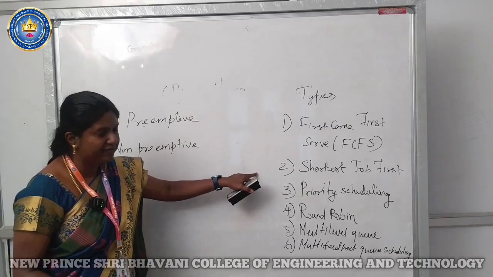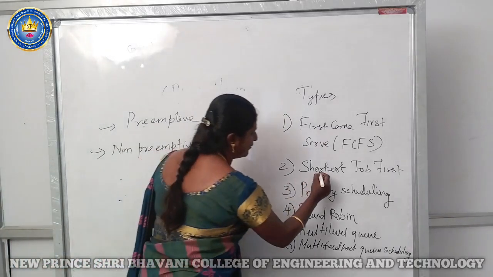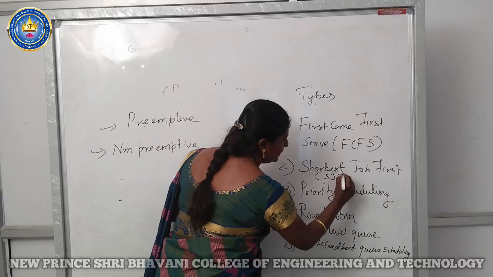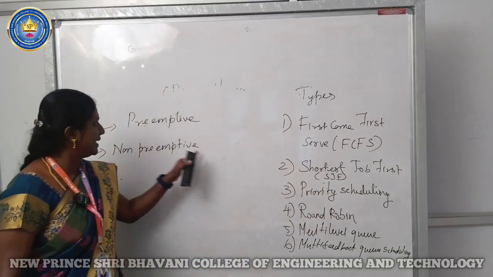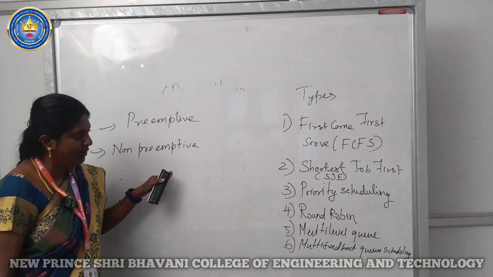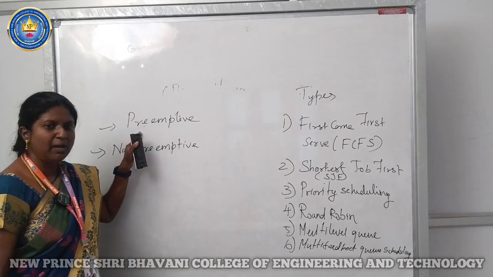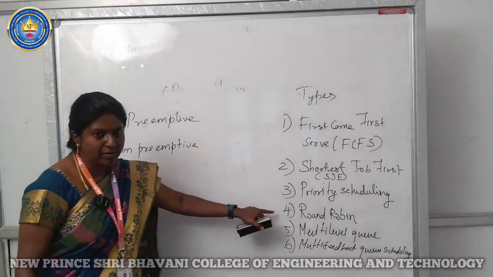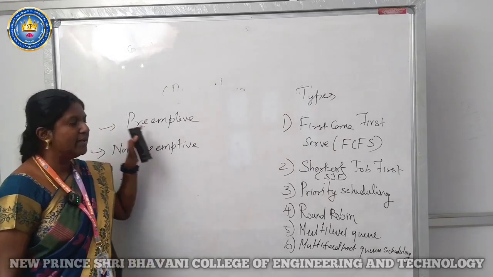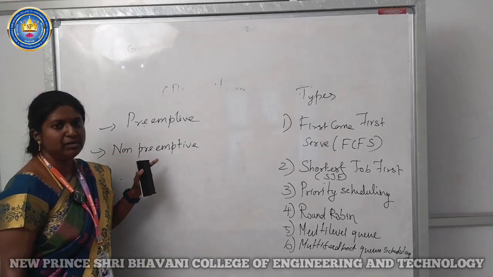SJF, shortest job first, may act as preemptive and non-preemptive. Priority scheduling and round robin scheduling also act as preemptive and non-preemptive.